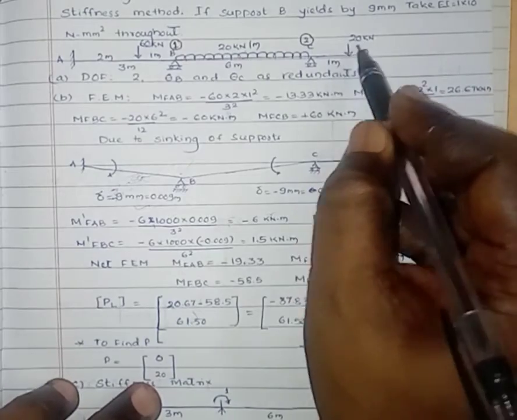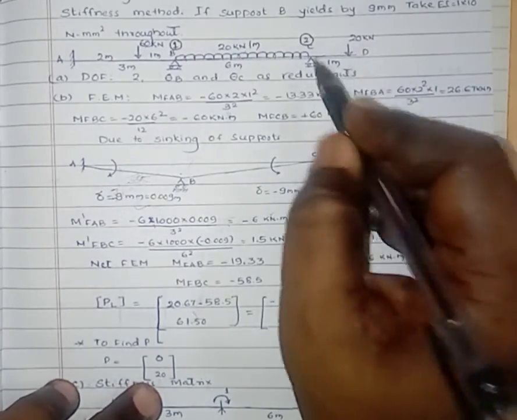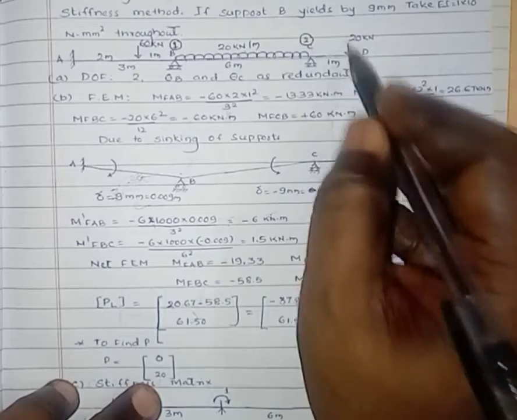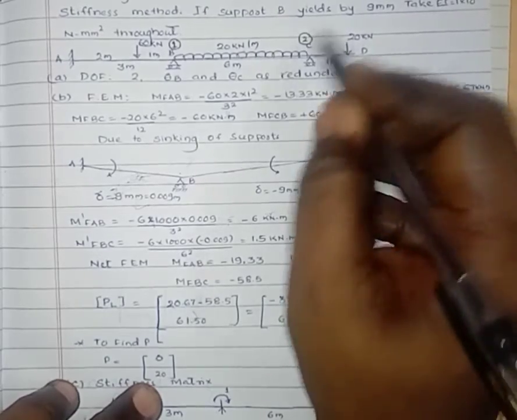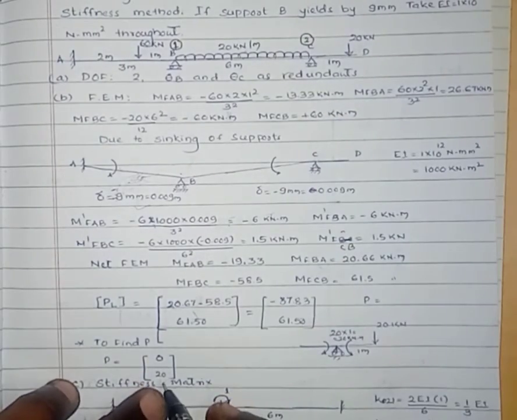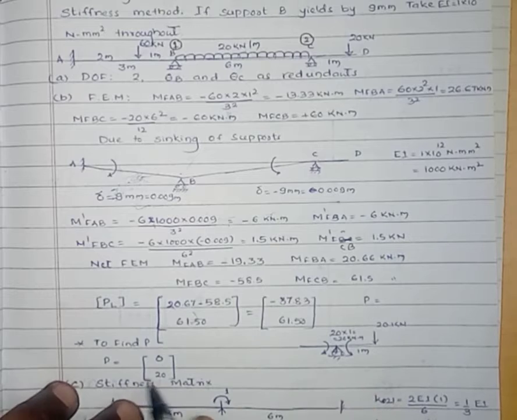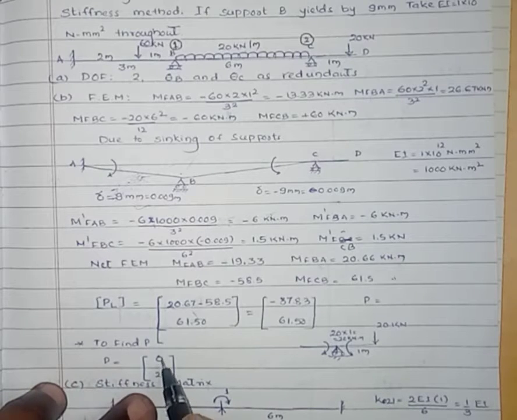Here at 2, due to the moment on the overhanged portion, the actual moment is 20 into 1, that is clockwise, hence positive. Then P2 equals 20 at coordinate 2. The vector due to P is given by P1 equals 0 and P2 equals 20.